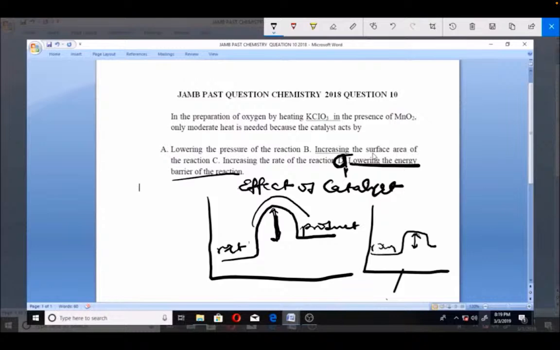That is why you add a catalyst: to reduce the energy barrier. So it's none of these. It cannot be to reduce the pressure. A catalyst does not affect the pressure or the surface area of the reaction, but it does reduce the energy barrier so that with lesser energy you can achieve what you want. Thank you.